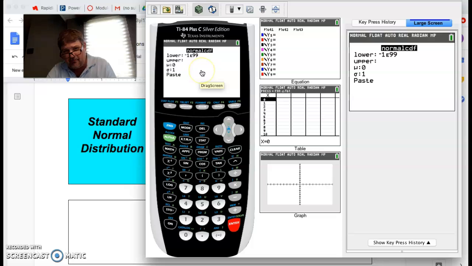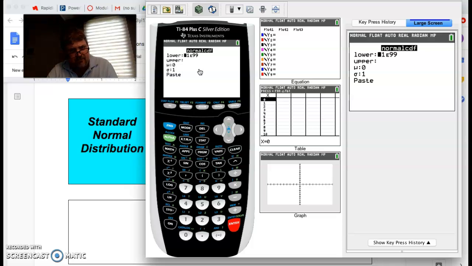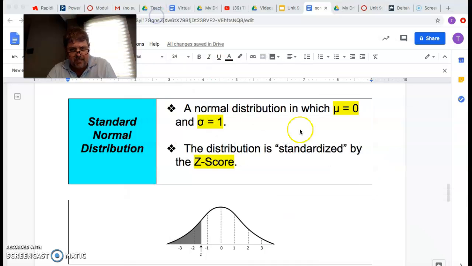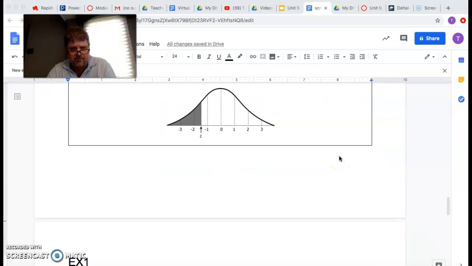But if you get a problem that has nothing but z-scores in it, and you're not given a mean and standard deviation, and it's confusing to you, you're dealing with z and not an x value. Well, that's the difference. If you're dealing with just z, you can go directly to this. If you're dealing with an x, you need not convert to z-scores to use this tool. But you've got to learn your way around the tool. So with that being said, let's go to work and do these couple problems.